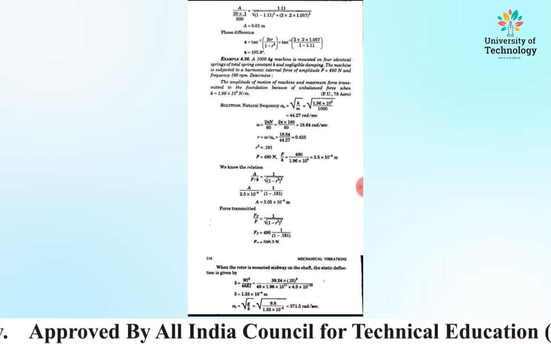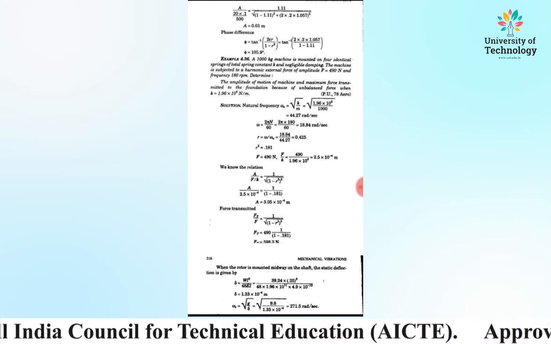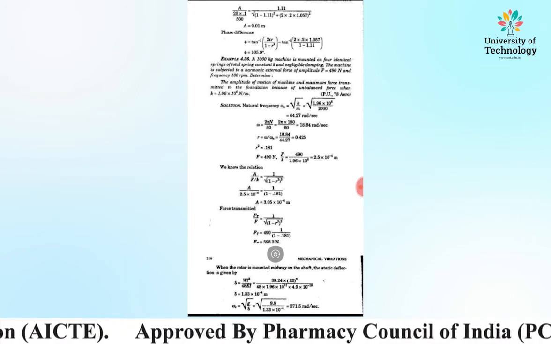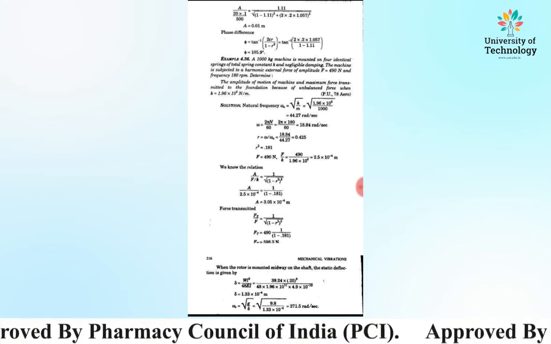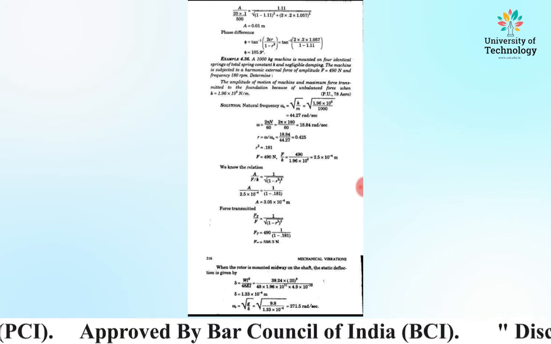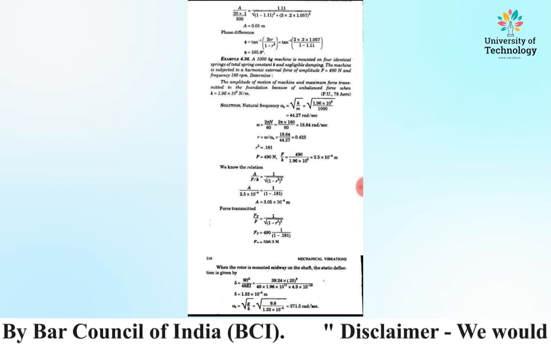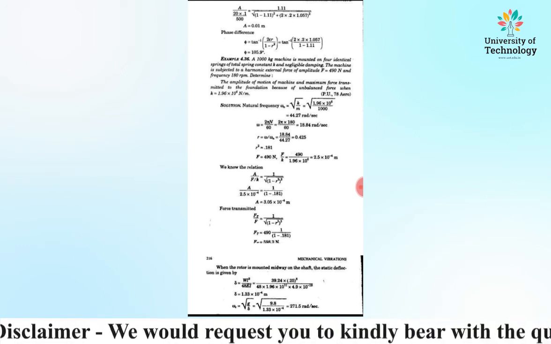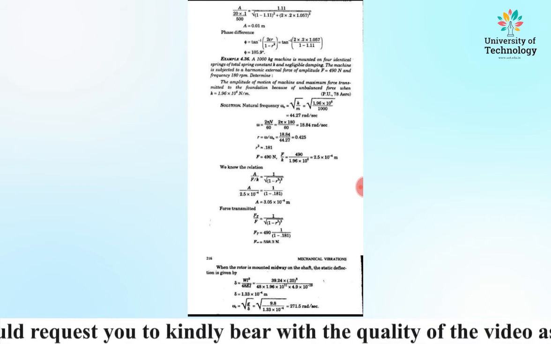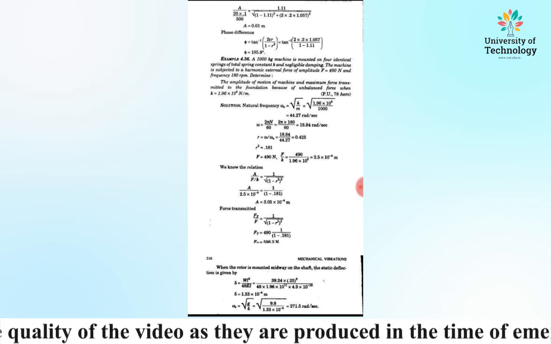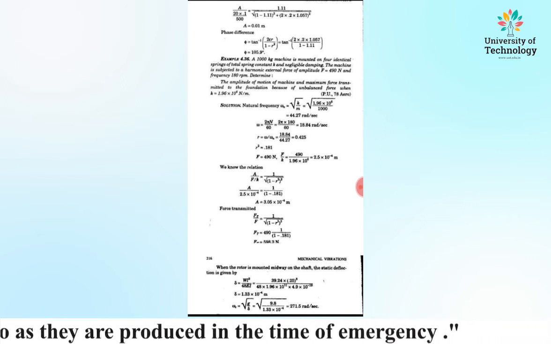For this, first of all, we have to find the natural frequency omega n, that is equal to root k by m. By putting the values of k and m, we get omega n equal to 44.27 radian per second, where omega is equal to 2 pi N by 60.